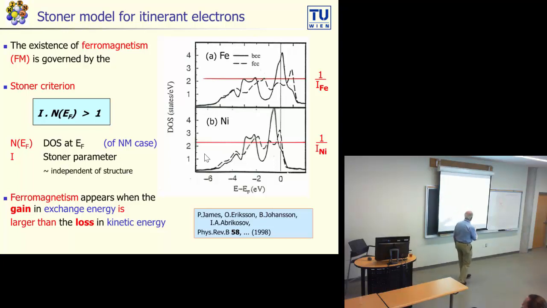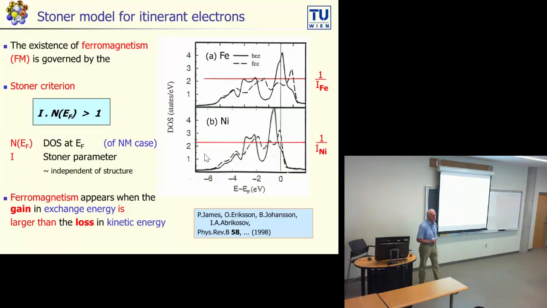Now let's look at iron. This is a calculation of a non-spin-polarized BCC iron. Then you see this solid line, and the density of states at the Fermi energy is high. This is 1 divided by the Stoner criterion, and so you see for BCC iron, the Stoner criterion is satisfied. If you look at the same thing for FCC iron, then you see the dashed line here. For FCC iron, the Stoner criterion is not satisfied.